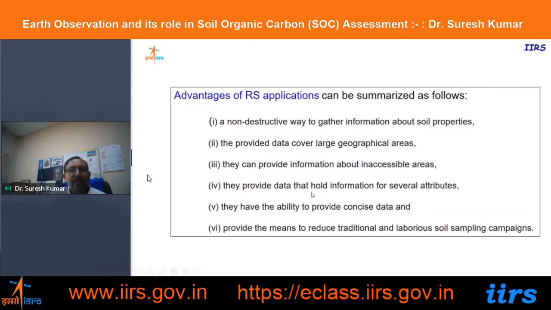They provide data that hold information for several attributes, and the ability to provide concise data, as well as reducing traditional and laborious soil sampling campaigns. Remote sensing provides an easy method and very accurate estimations.